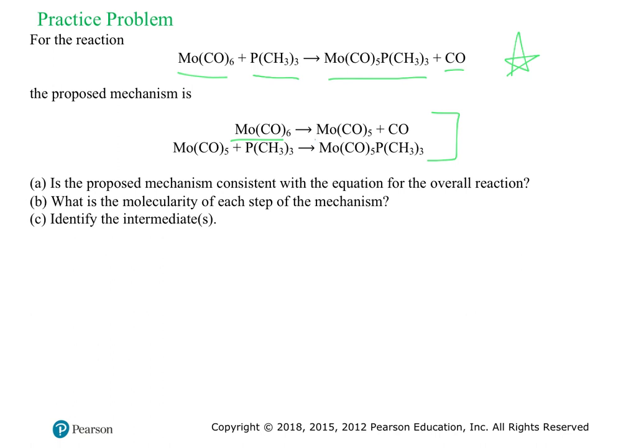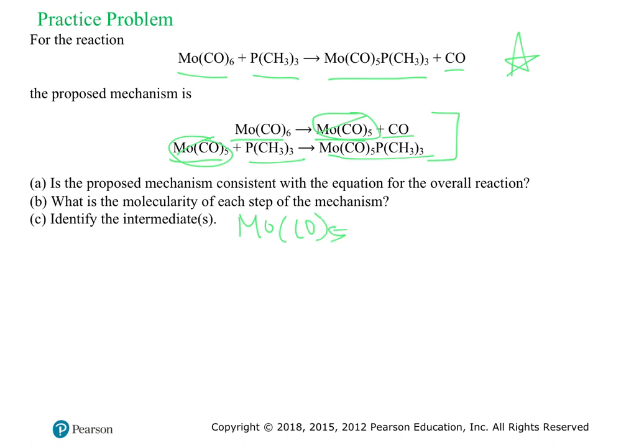And then we have molybdenum pentacarbonyl and carbon monoxide. That's step 1. Then we have that pentacarbonyl and our trimethylphosphine, creating our big old molecule. So our intermediate is this pentacarbonyl. It's not involved in our overall reaction, so we can cancel it out.